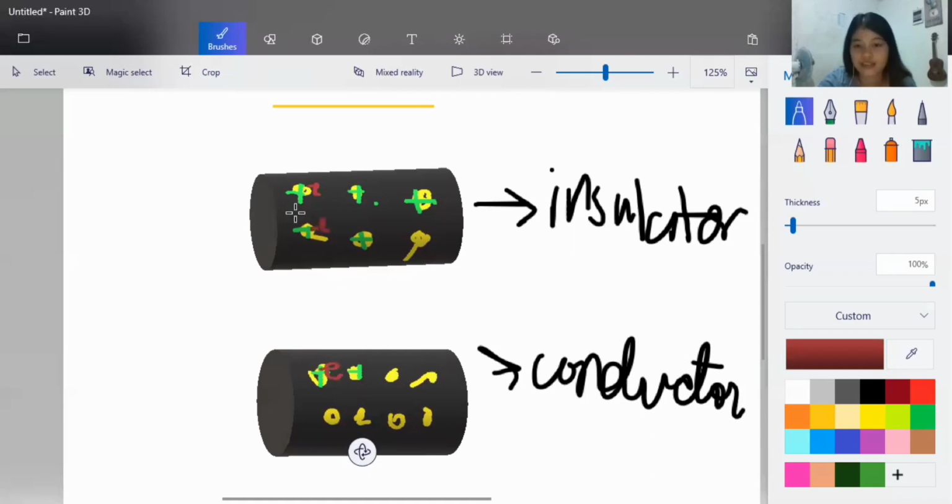The difference is that the electrons in the insulator cannot transfer to this one or this one. They cannot transfer because they can't move, they are fixed.